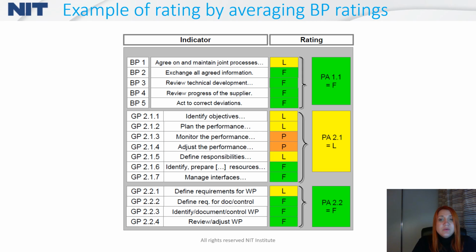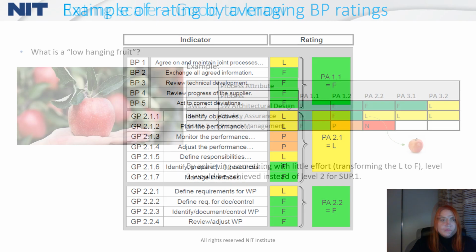If we imagine that this is the same process, what will be the capability level? I think it will be level 2, because we have fully on level 1 and we only have largely in one of the PIs of level 2, which is okay, because whenever you have largely or fully in the level that you're assessing, you can have that level.